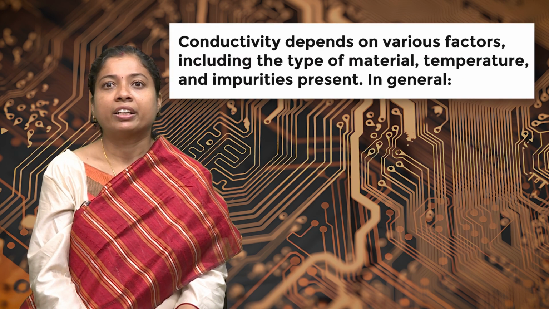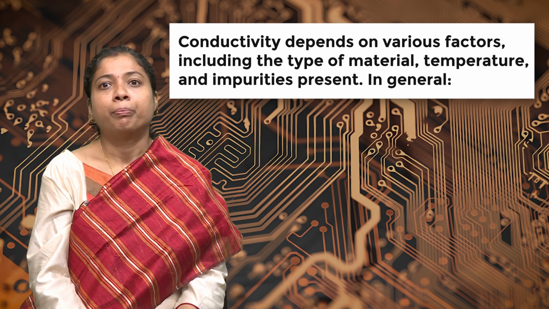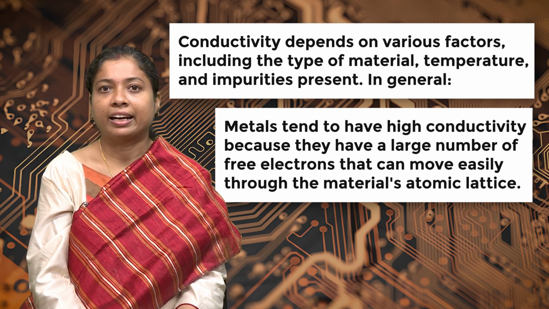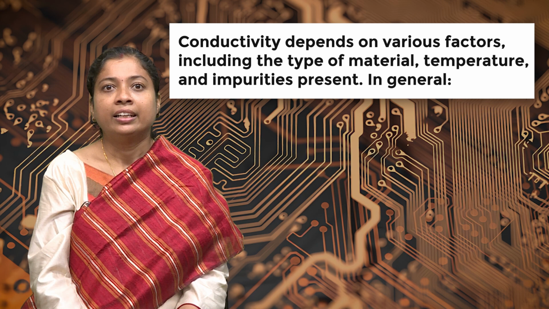Conductivity depends on various factors including the type of material, temperature, and impurities present in it. Metals tend to have high conductivity because they have a large number of free electrons that can move easily through the material's atomic lattice.